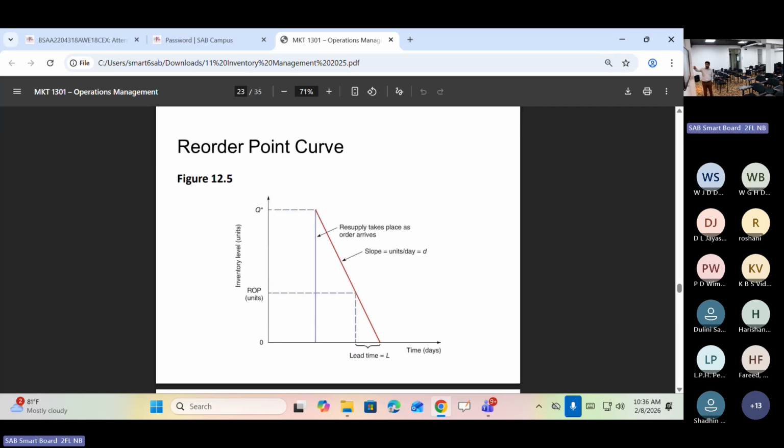Reorder point: annual demand divided by number of working days, so that you get simple d, and given the lead time, you then identify the reorder point.